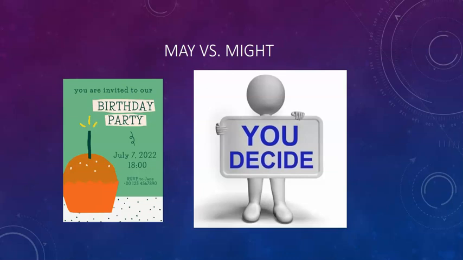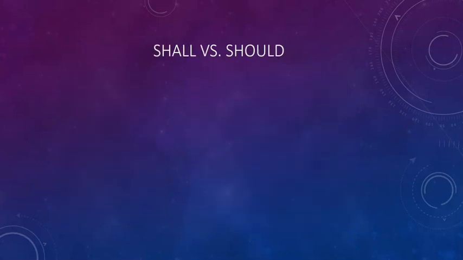For example, I might go to the party tonight. It shows that you are less certain about going. So may we use when the possibility of doing something is more, and might when you can do it but it is less possible. I think you got that point also.